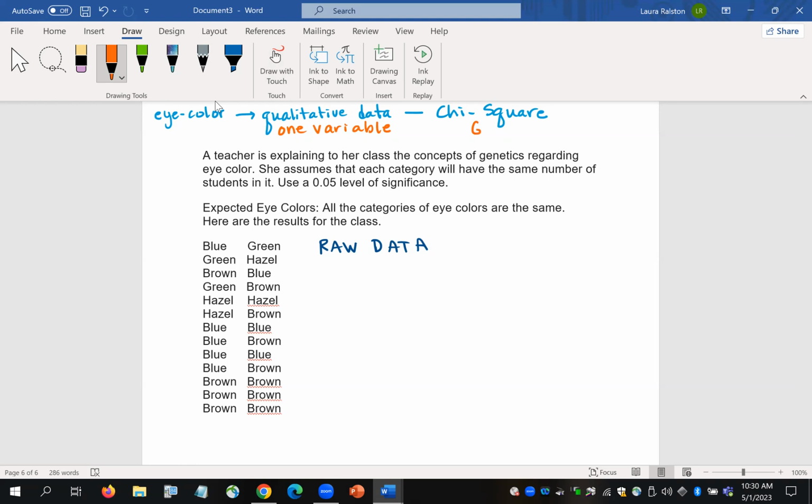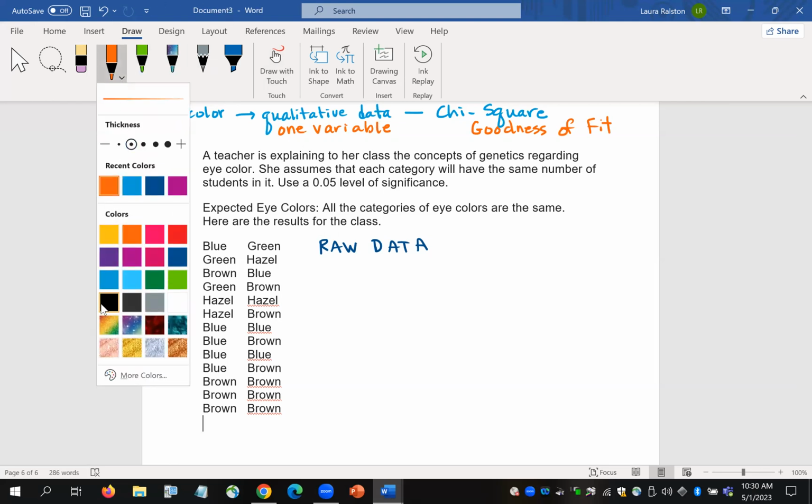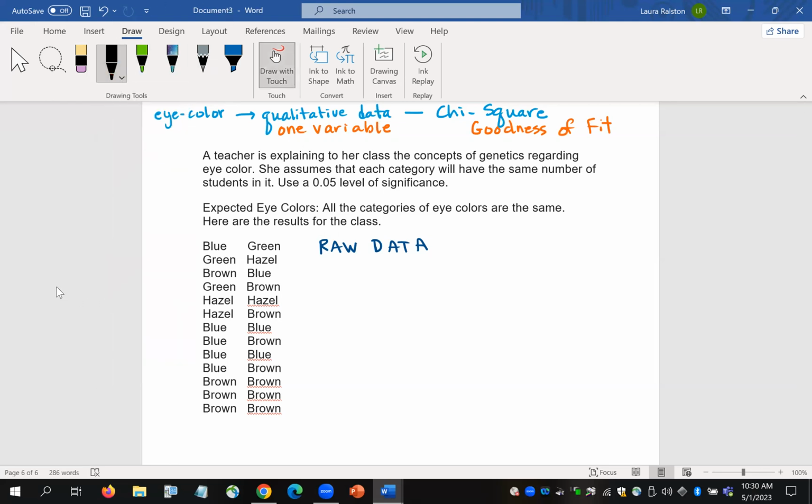So again, that gets me to goodness of fit. But we still start out the same way. We start out stating our null and our alternative hypothesis. The alternative will imply not equal, and the null will imply equal.